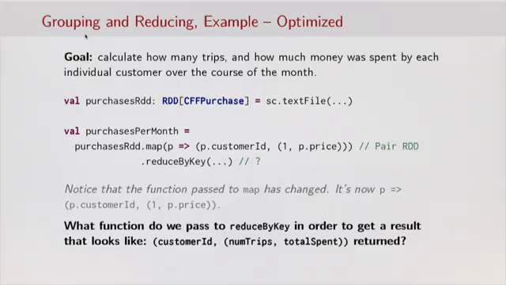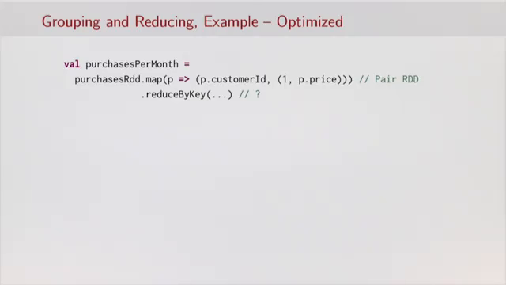So given that, what should the functional literal be that we pass to reduceByKey in order to get a result that looks like this? A pair of customer ID with a value that itself is a pair of trips, comma, total money spent. Remember that type signature I just showed you for the reduceByKey operator. We're reducing over the values per key.